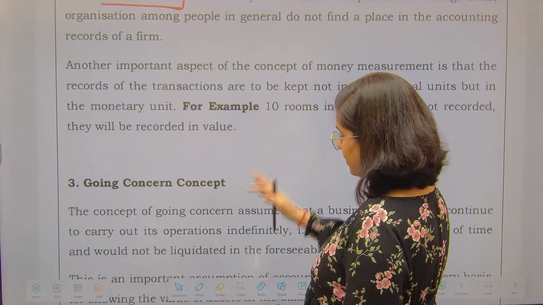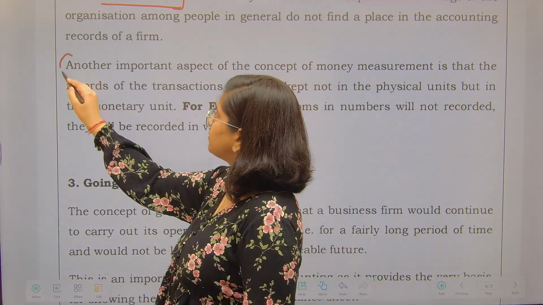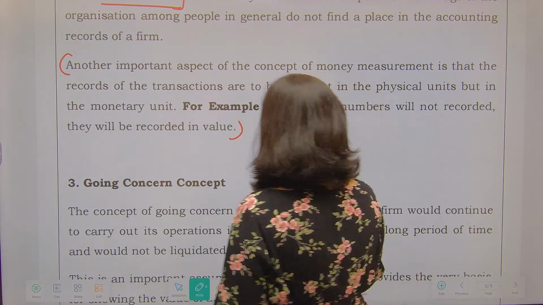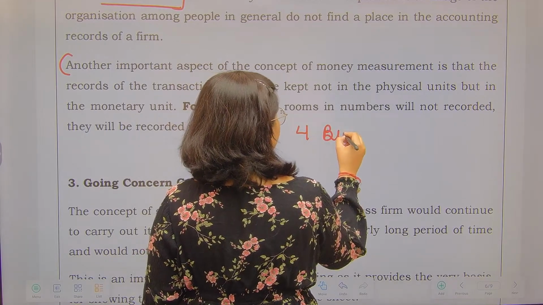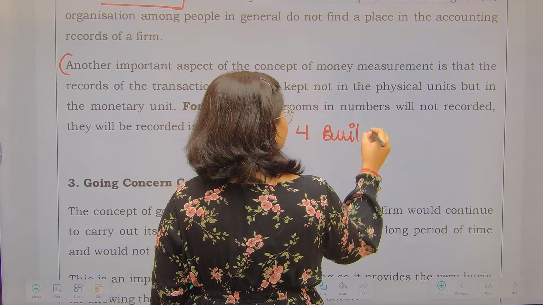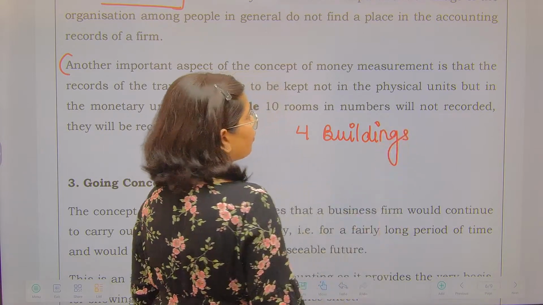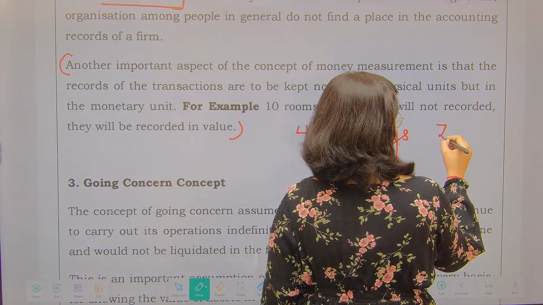Also, just a small concept over here. Suppose I have 4 buildings, and the total worth of all 4 buildings is, let's say, 5 crores.